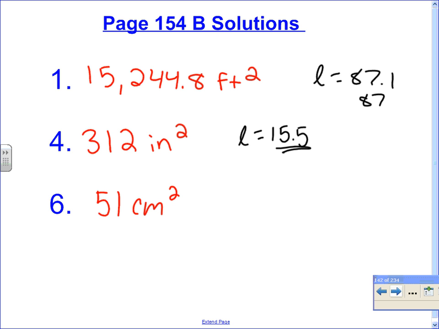So you should have 1/2 times 8 times 4 times 15.5. Did you have that? Okay, I think you just got the wrong formula. It should be 1/2 times the perimeter times the slant height. So on number 4, the perimeter of the bottom, add up all the sides, which is 8 times 4.